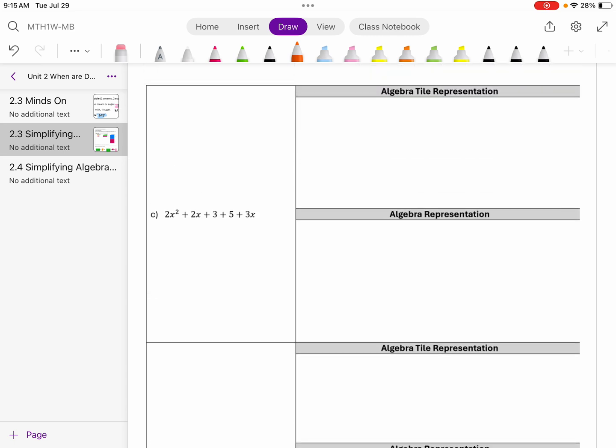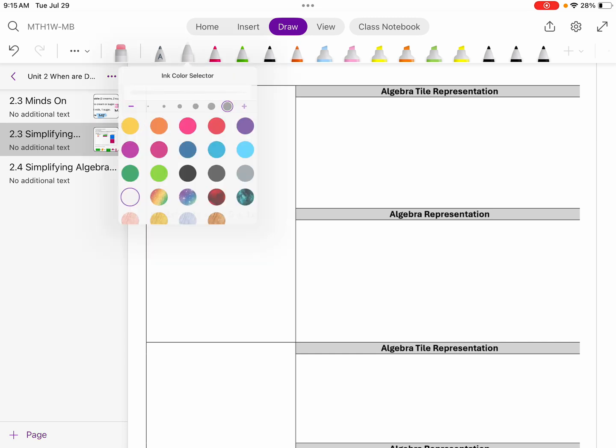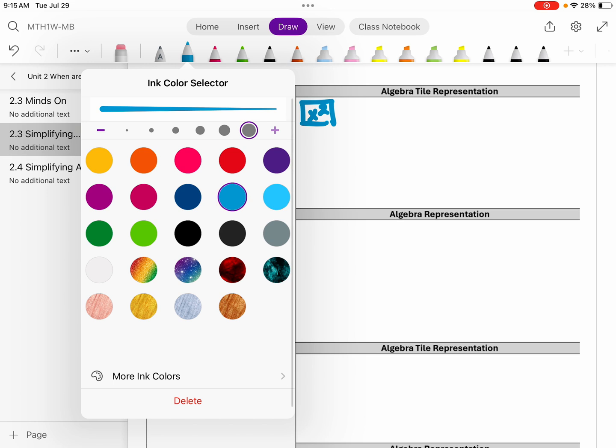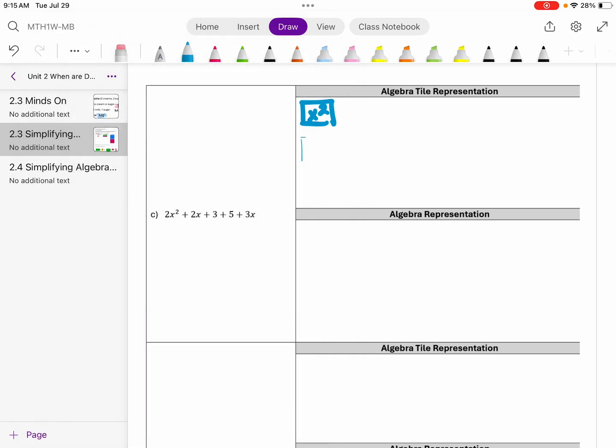All right, pause the video, draw this out, and then we're going to come back when you finish drawing it out. Okay, so 2x squared, oh, that's a fat one. Fix the font there. So I've got 2x squareds. I've got 2x tiles.